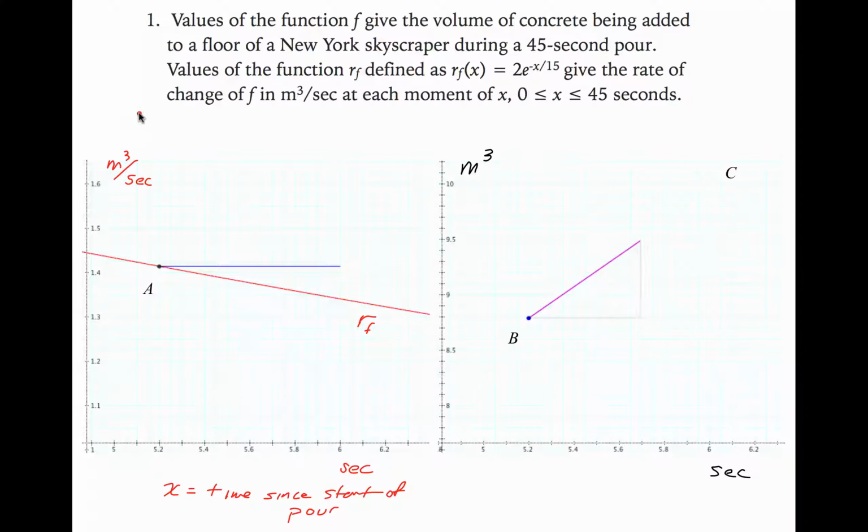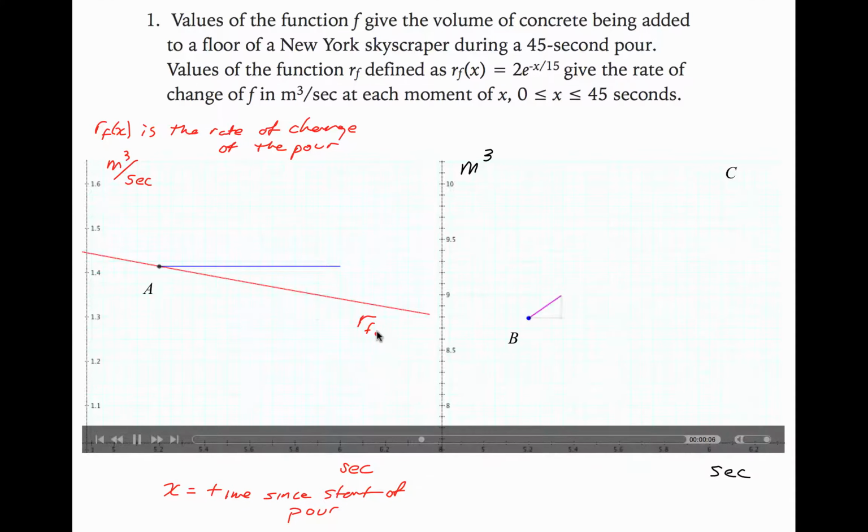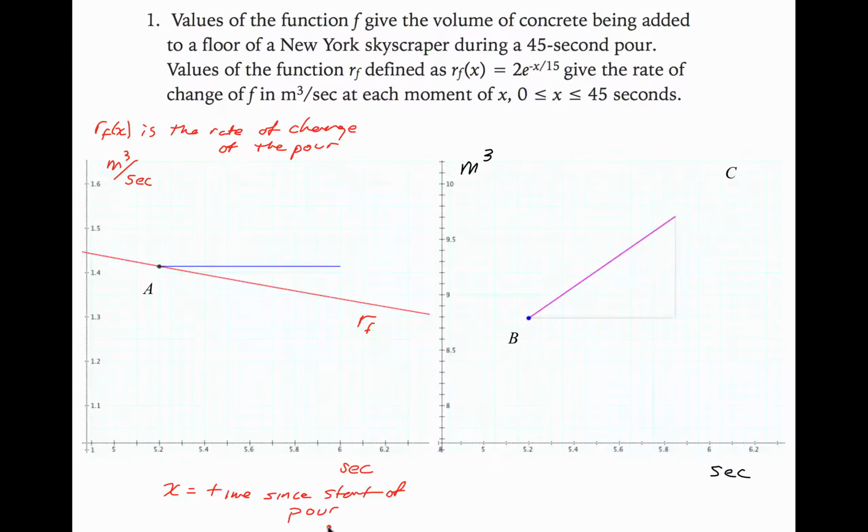And R sub f of x, the values of the dependent variable, is the rate of change of the pour x seconds since the start of the pour. So our function is R sub f. The independent variable is the time since the start of the pour. The dependent variable is the rate of change of the pour.